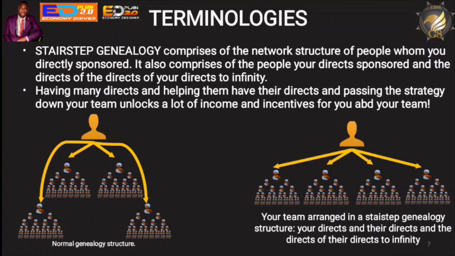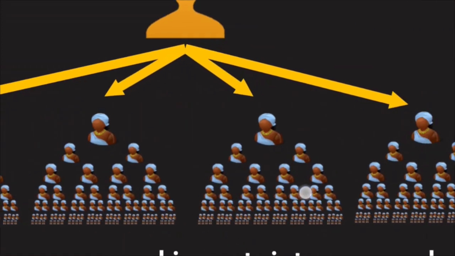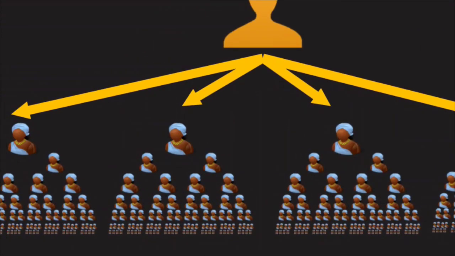So in stair-step genealogy, all the people who joined you, you put them under one level, okay? Every person who joined through your network and you're able to make the 1,800 or the direct referral bonus, whether it is 6,000 Kenyan shillings or 20,000 or 60,000, depending on which package they joined with, that person is usually arranged like this when you are talking about the stair-step genealogy, okay? They are all put in one level.